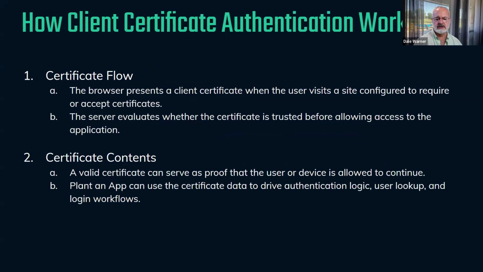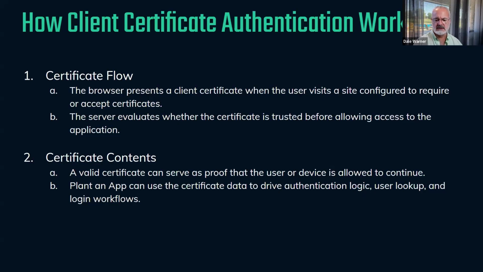When you have a certificate, your browser is going to present that automatically to the site that is configured either to require or to accept certificates. So if it's set up right in IIS, the certificate flows to IIS, and the server decides whether or not it's trusted before even allowing access to the application.